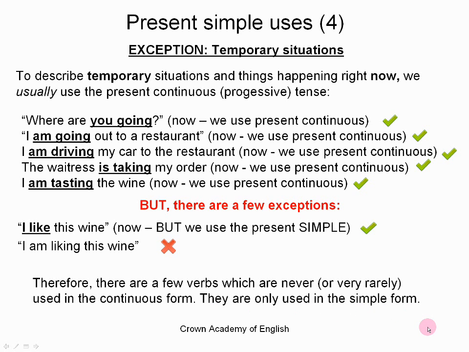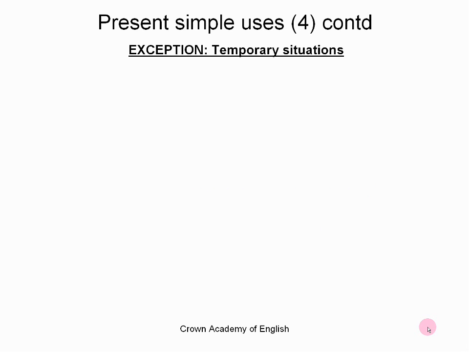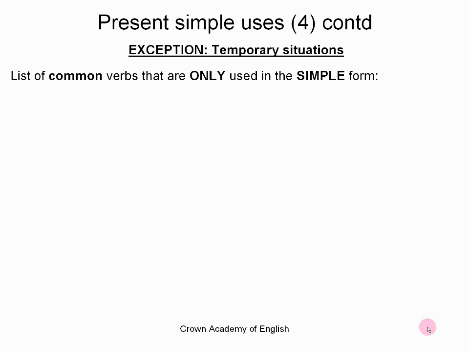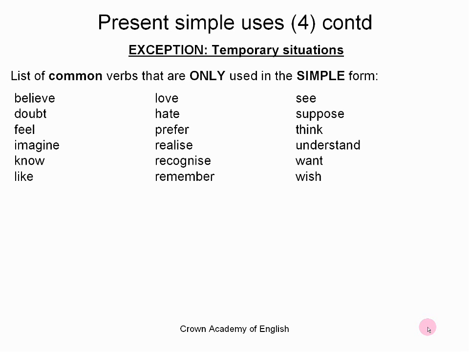And so let's just have a quick look at what some of those verbs are. So this is a list of the most common verbs which are only used in the simple form. So we have ones like believe, doubt, feel. Okay, you can see them there.